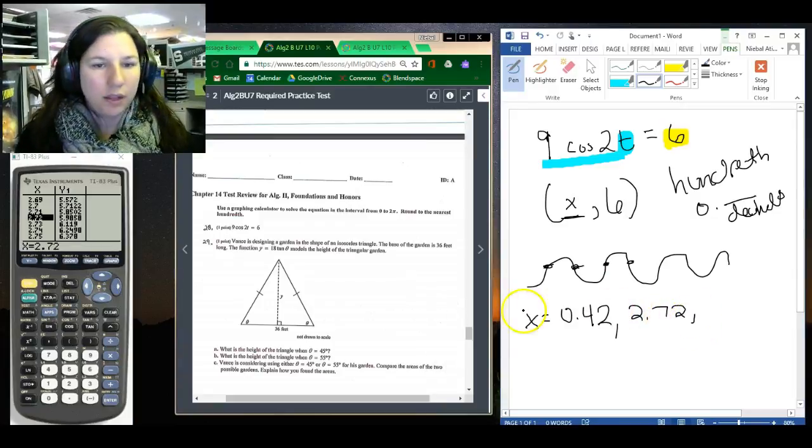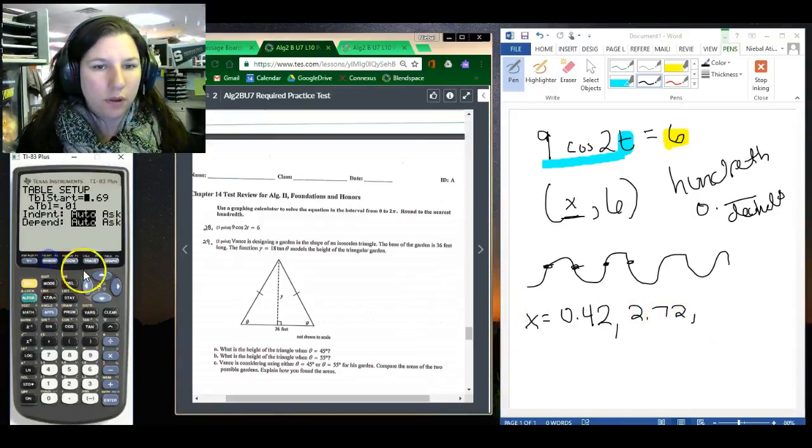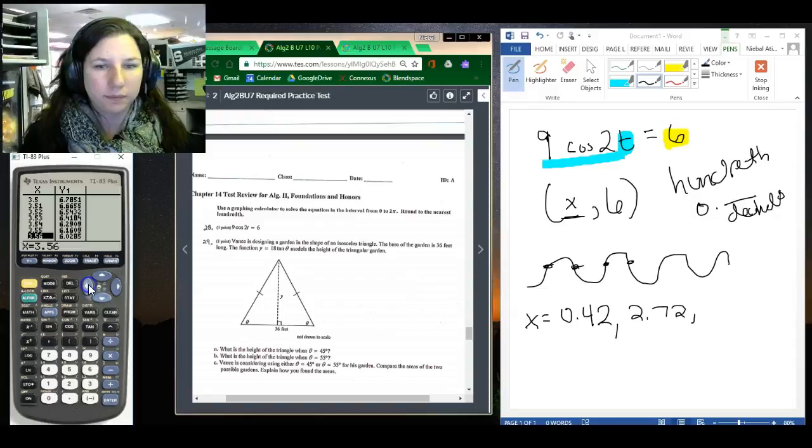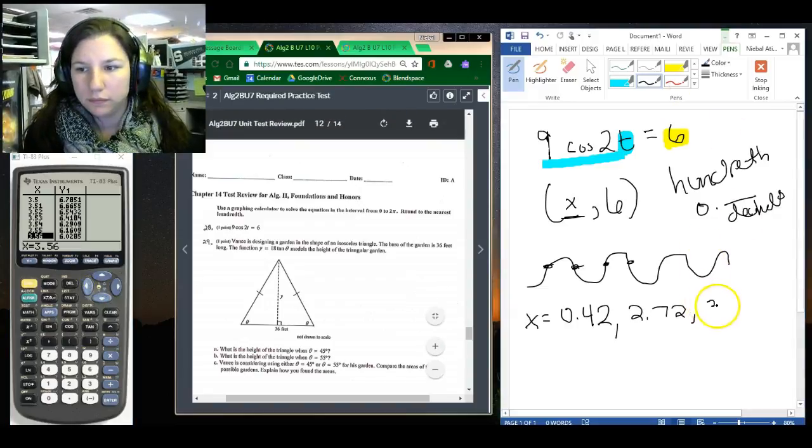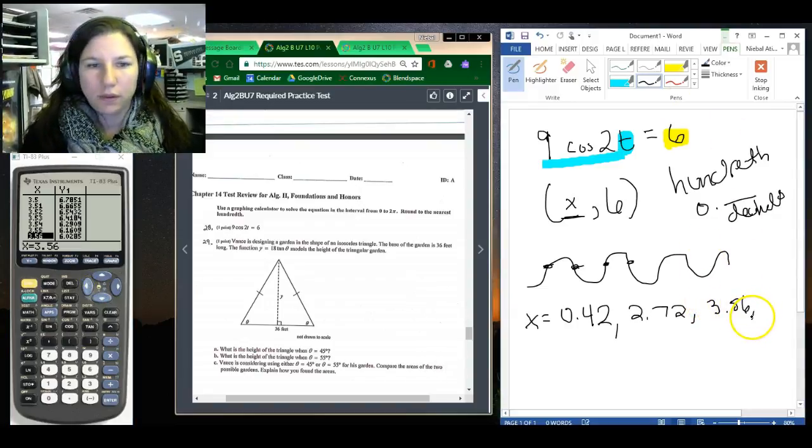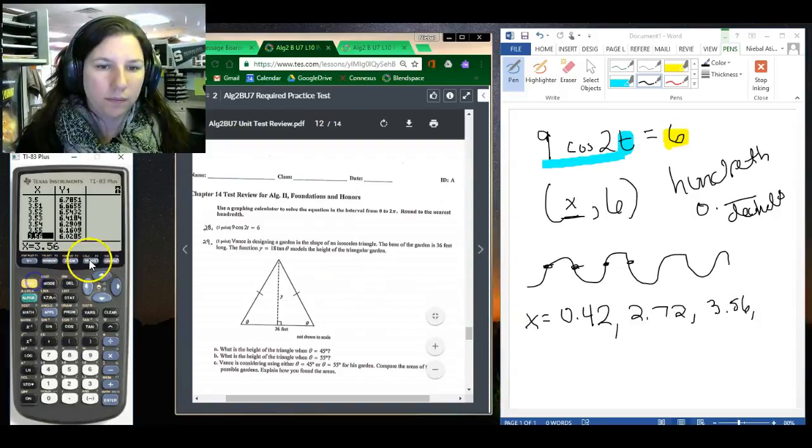Okay, let's have our table jump another position. Let's go to 3.5. And we're looking for 6. Okay, 3.56. And let's do the next one.